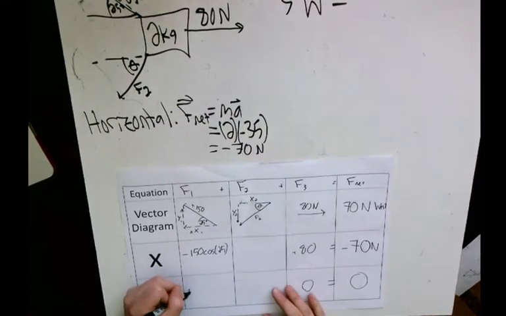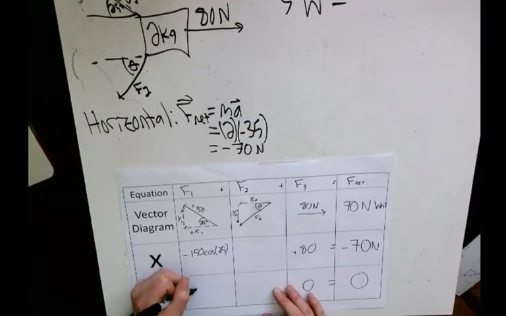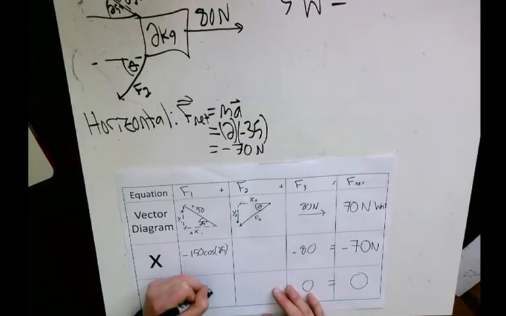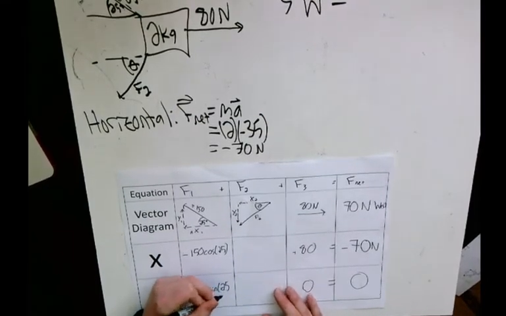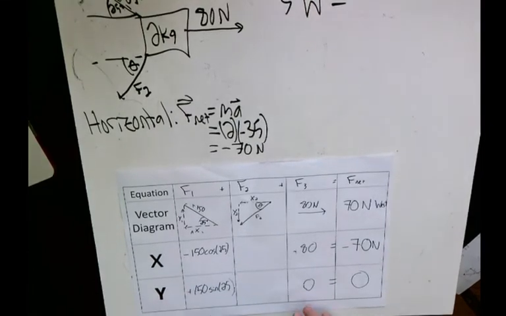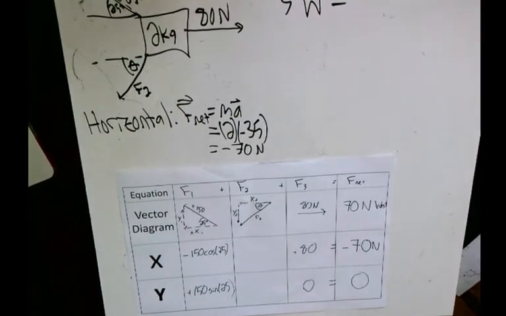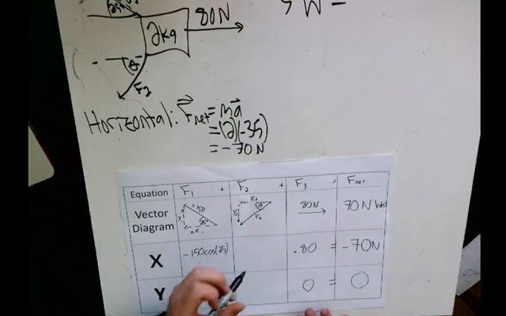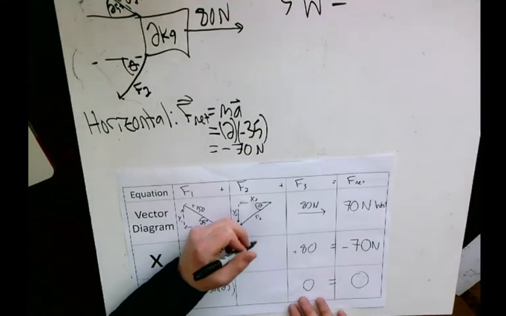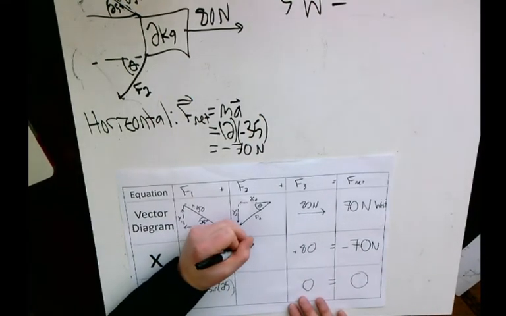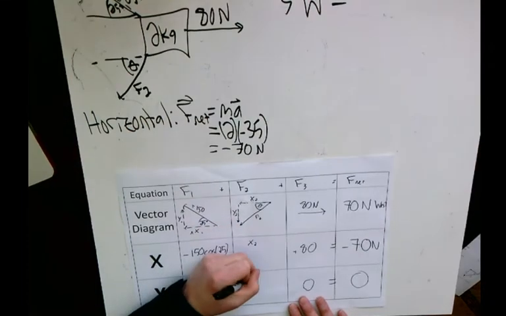Y, we're going to the north, that's positive, and it's our opposite, so we're going to use sine of 25. Alright, we can solve for our unknowns now. That's going to be our x2 unknown and our y2.